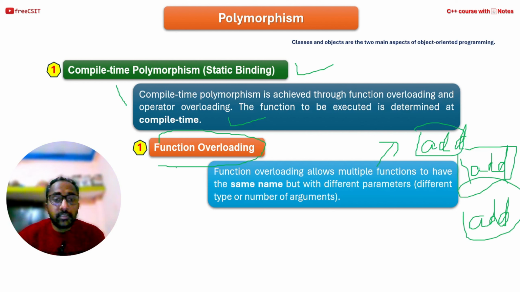So function overloading allows multiple functions to have the same name with different parameters, different types or numbers of arguments. In the next slide, I will show you an example of it.